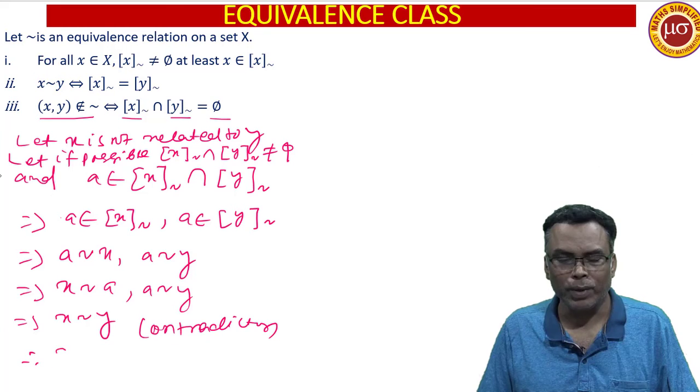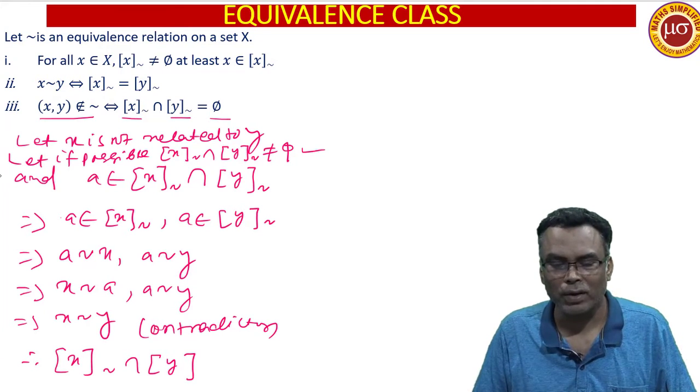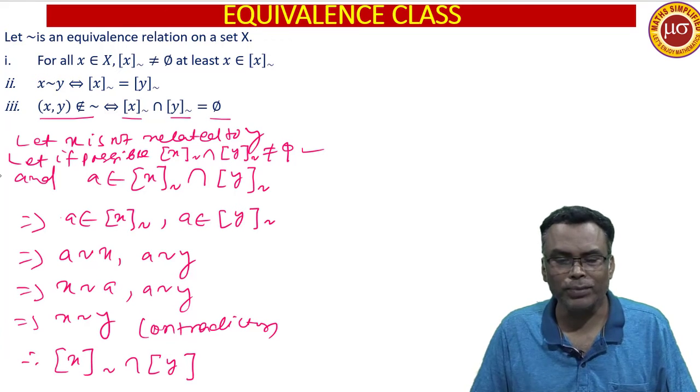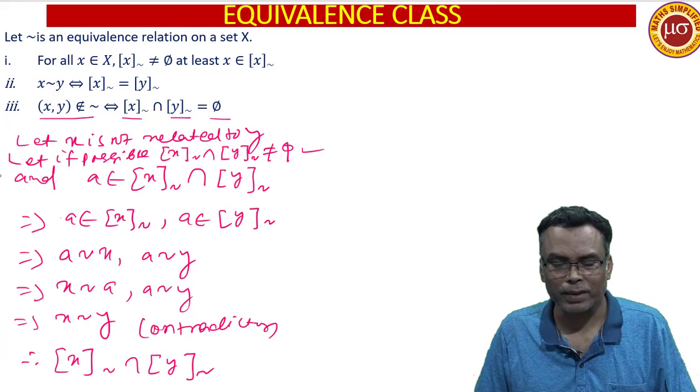Therefore, the assumption that the intersection is not phi is wrong. So the equivalence class of x intersection the equivalence class of y must be phi.